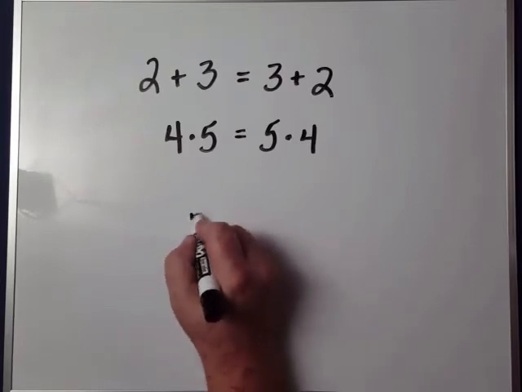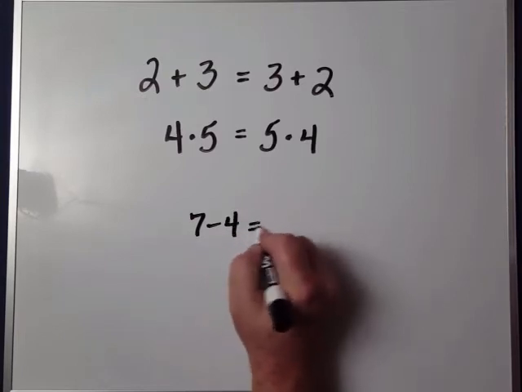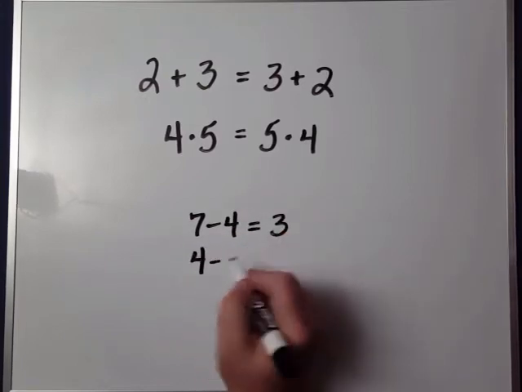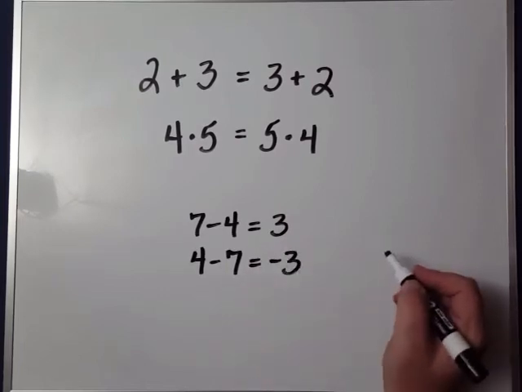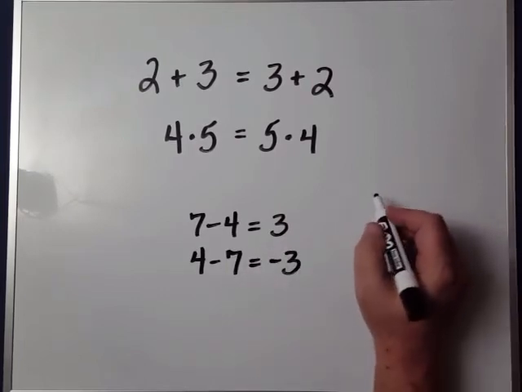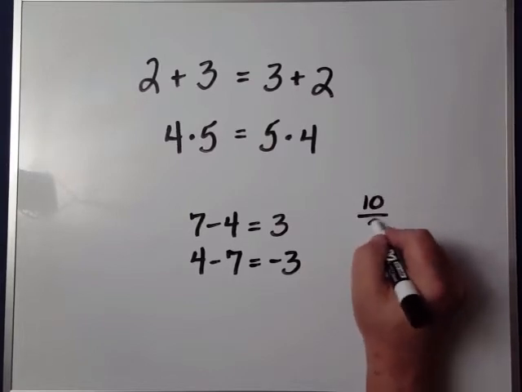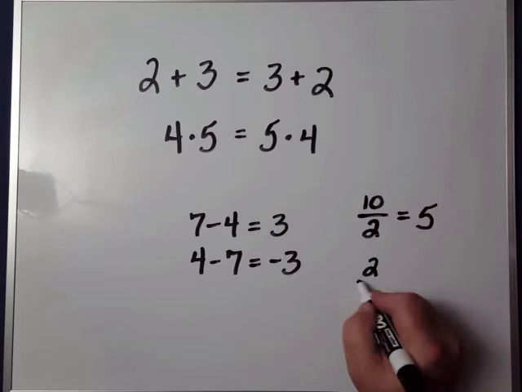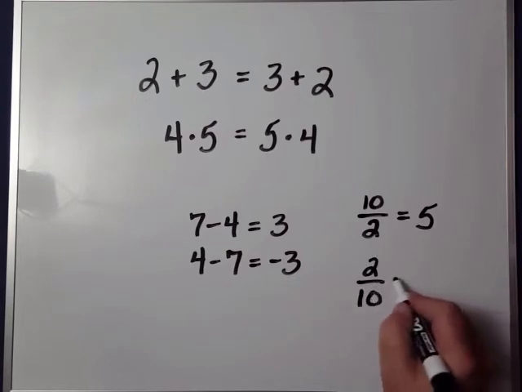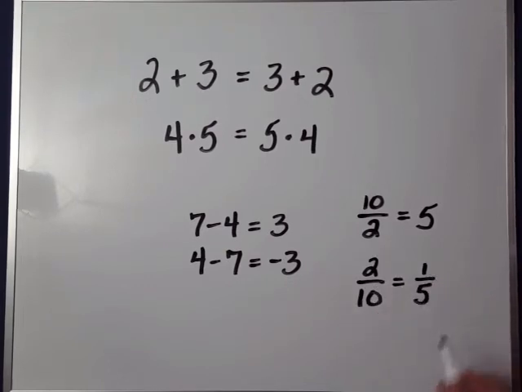Notice that subtraction is not commutative. Division as well is not commutative. You cannot change the order in which you subtract or divide and expect to get the same answer. But addition and multiplication, both commutative.